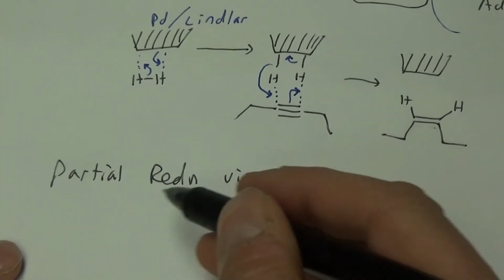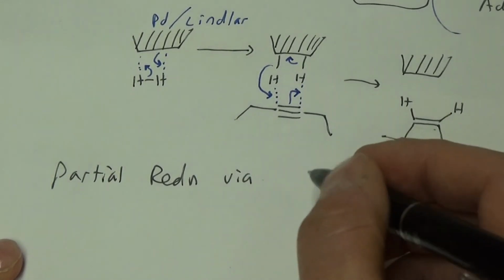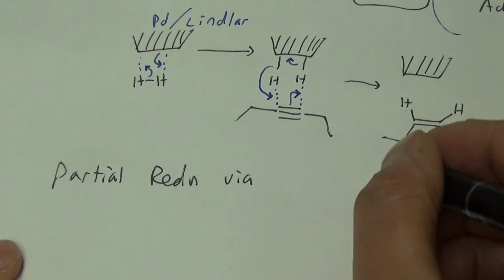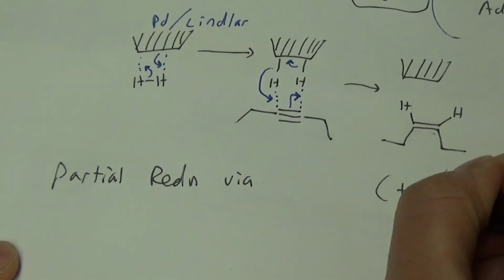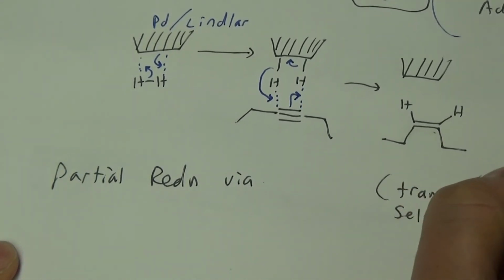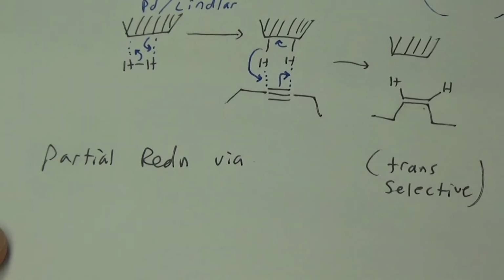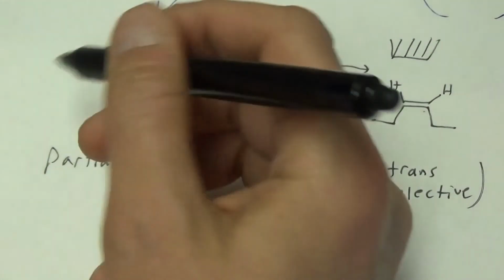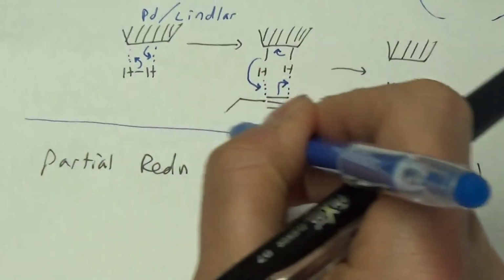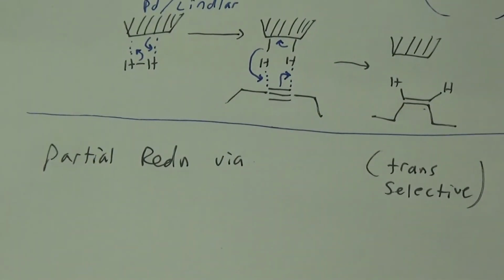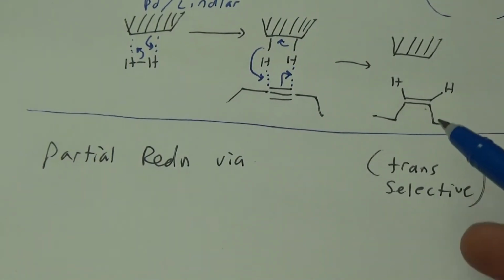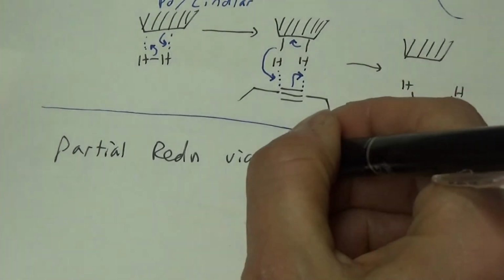What's the thing that's trans-selective? It's something else. It's not NaNH2, it's NaNH3.